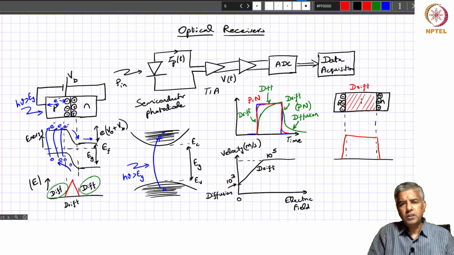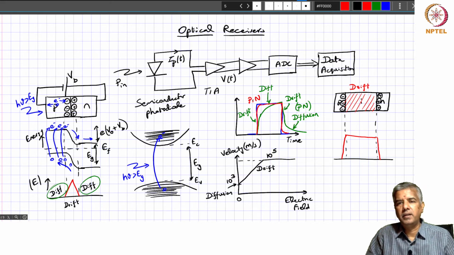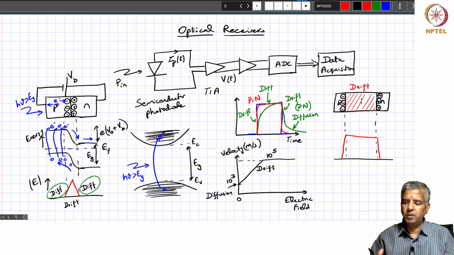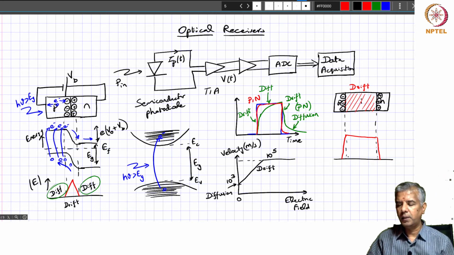So you will see that most of the photodiodes that you have in the market correspond to a PIN structure, and that is specifically because most of the structure, especially around the I region, the electric field is relatively high, and it's relatively uniform as well.